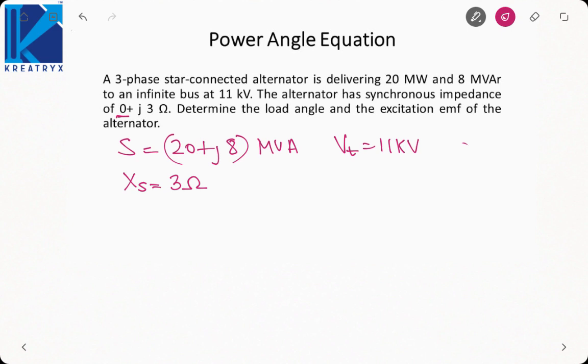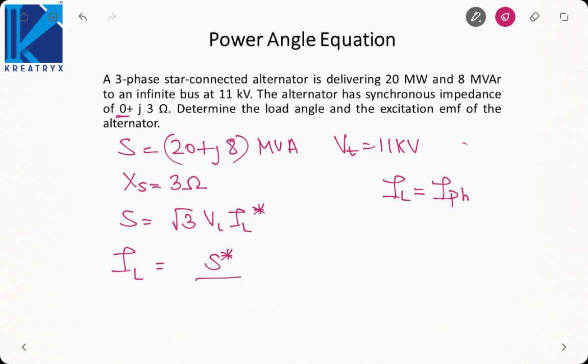Or other way around, I know S is equal to root 3 VL IL conjugate. Now it is a star connected alternator, which means IL is equal to I phase. From here I can directly calculate IL as S conjugate by root 3 VL conjugate. So it will be 20 minus j8.